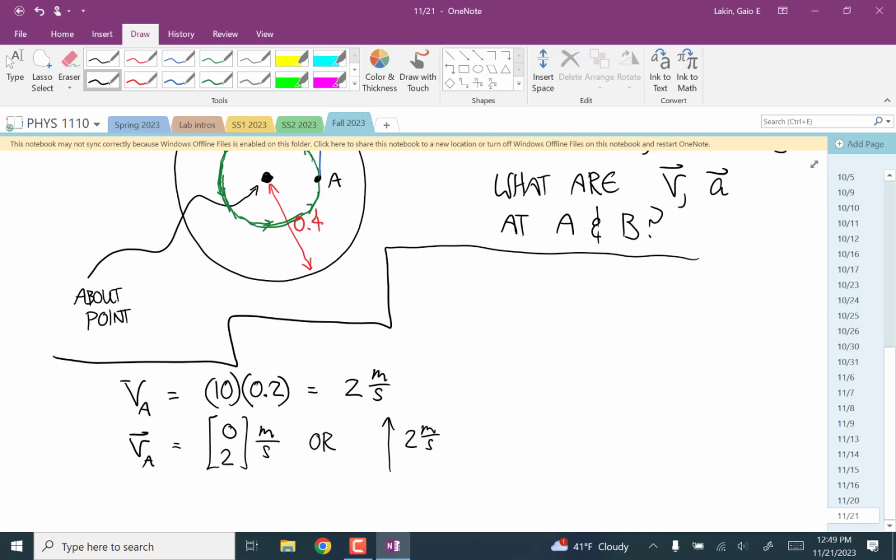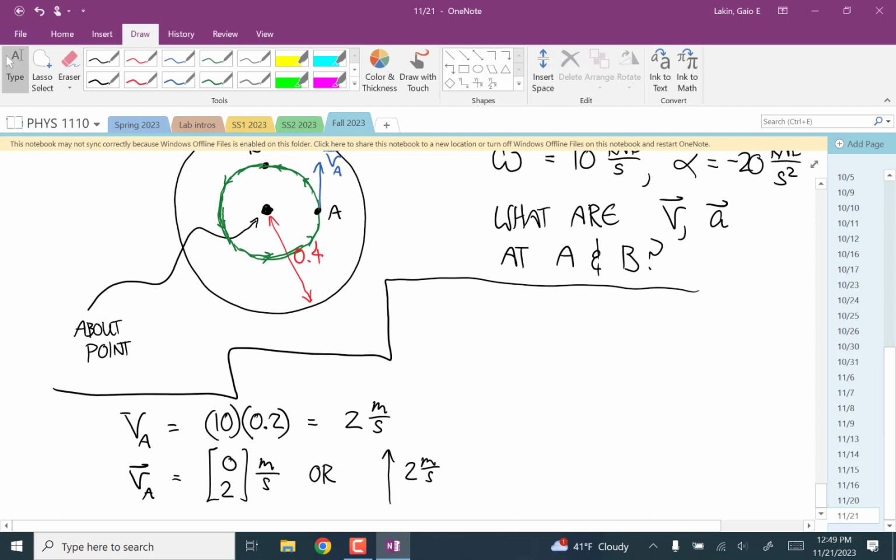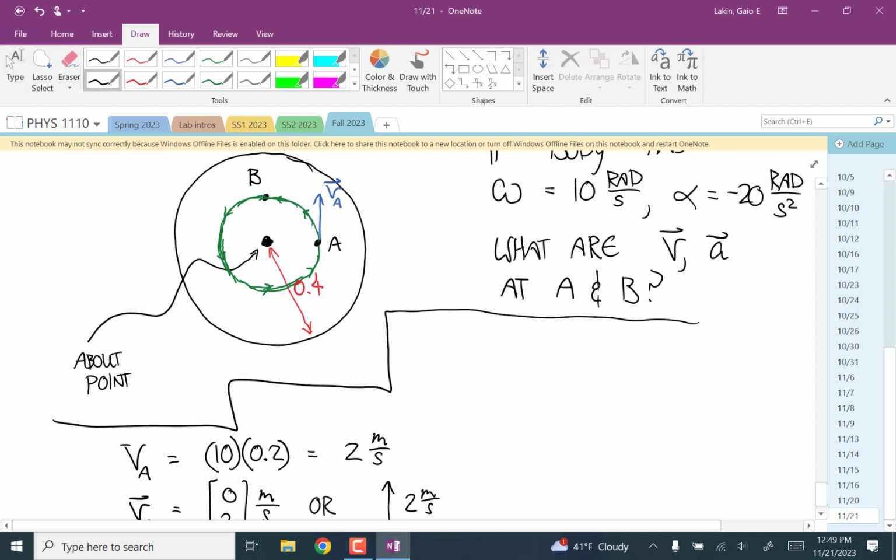Now we're going to go to the acceleration of point A. Remember that the acceleration is made up of two parts, a tangential acceleration and a centripetal acceleration. We're going to use the angular acceleration to figure out the tangential acceleration of that point.